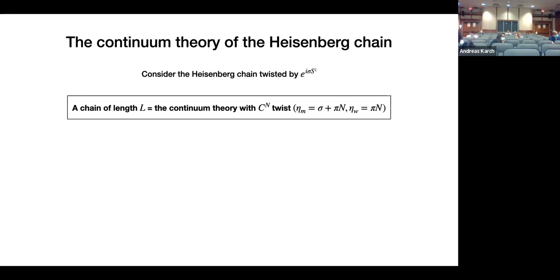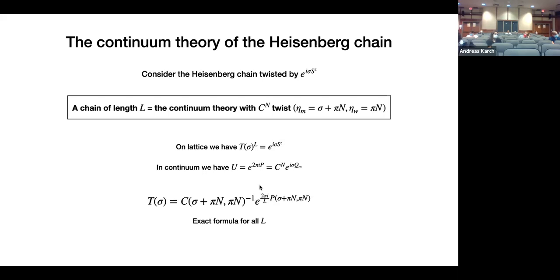So that means we can now write down the twist parameters. Remember, we also put in an SZ twist by sigma, so that's the twist parameters. Now with this assumption, we can go and calculate what the lattice translation should really look like in the continuum theory in the presence of all these twists.